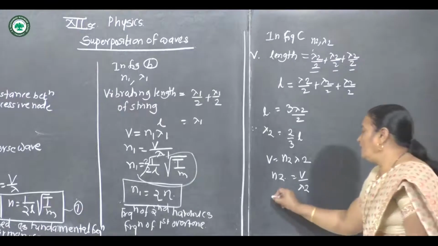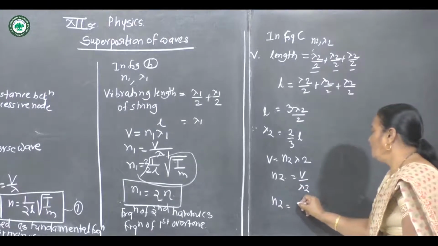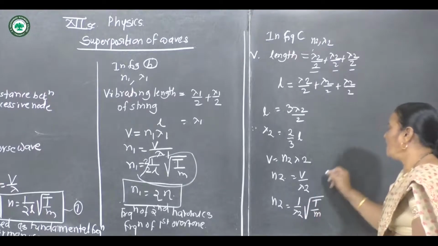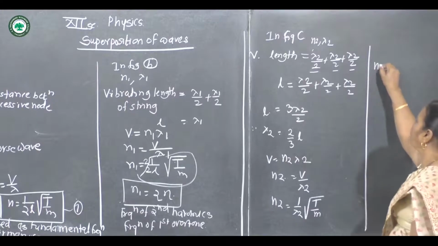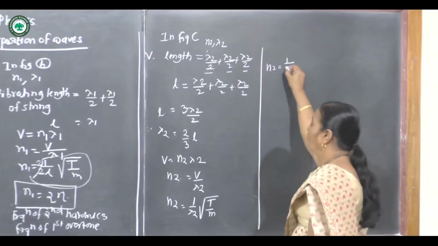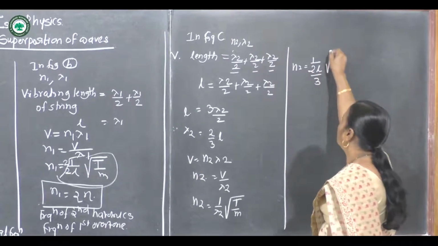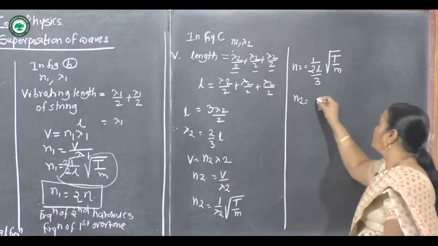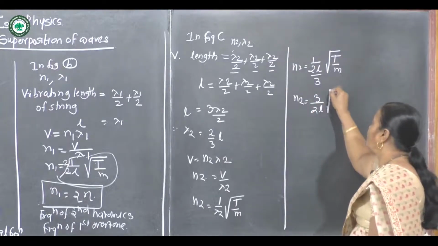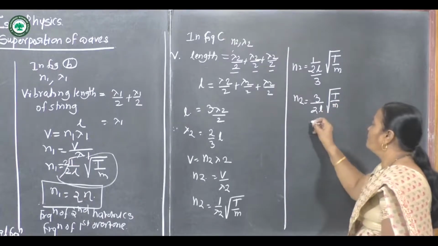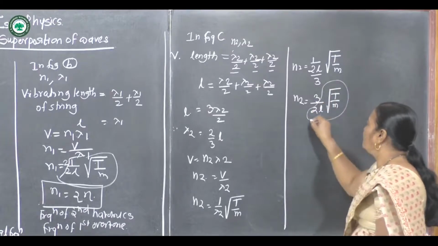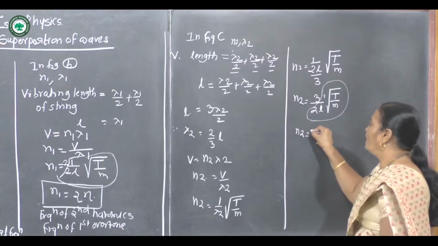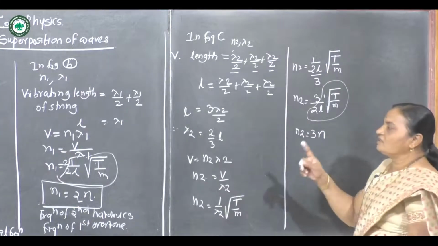Substituting the value of V, that is under root T upon M, and lambda 2 equal to 2L by 3, we get N2 is equal to 1 upon lambda 2 under root T upon M. Rearranging the equation, we get N2 is equal to 3 by twice L under root T upon M. Now this 1 by 2L under root T upon M is nothing but the fundamental frequency, so it is 3N. This is the third mode of vibration.